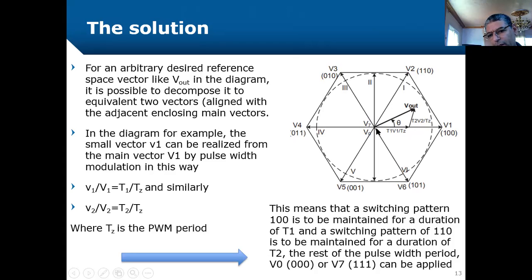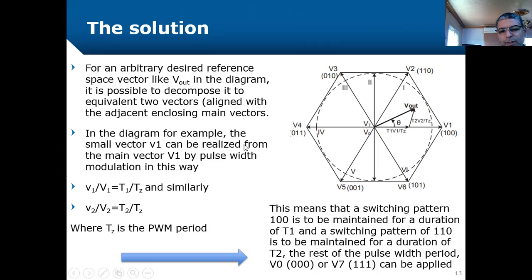To get the small V1 from the grand V1, we can apply the pulse width modulation concept, where the ratio of V1 to V2 will equal T1 to TZ, the pulse width modulation period. So we can get these two times, T1 and T2, in the diagram.